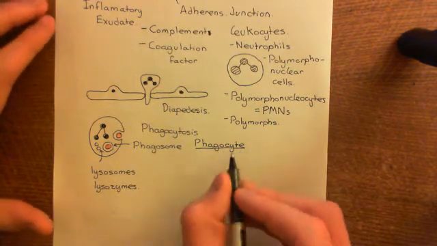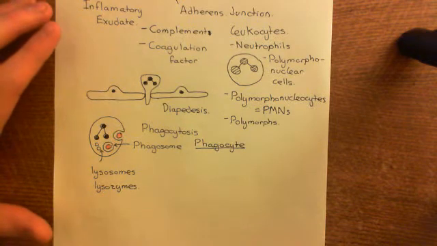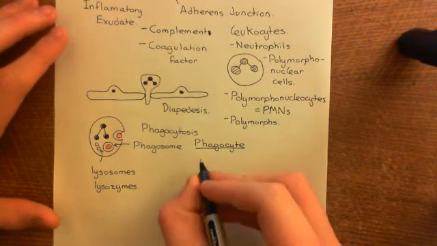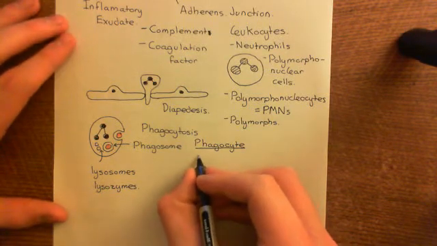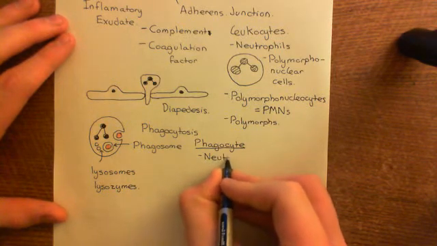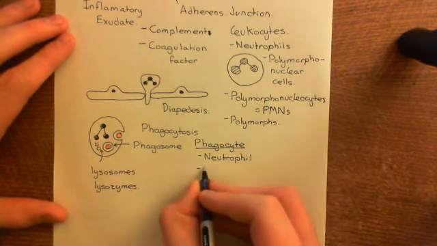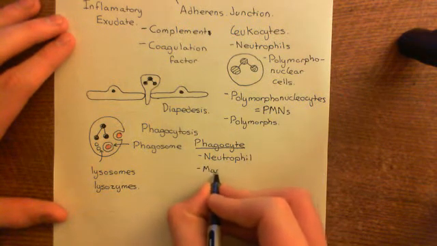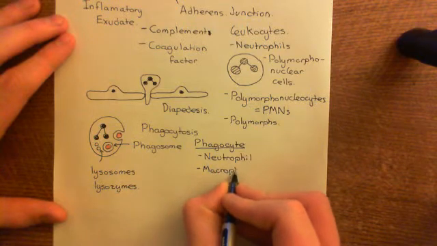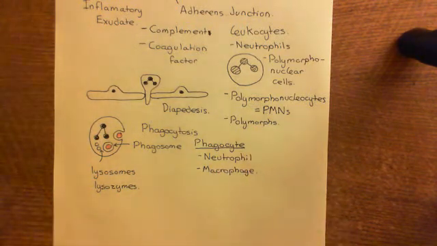The body sends them in first as part of the innate immune system, and you'll pile them in there and they'll just engulf things and destroy them, hopefully. The other example of a phagocyte is a macrophage, and we'll discuss this more in a moment. Macrophages are the other archetypal example of phagocytes.